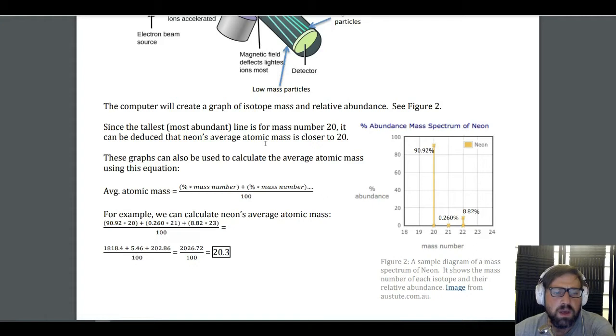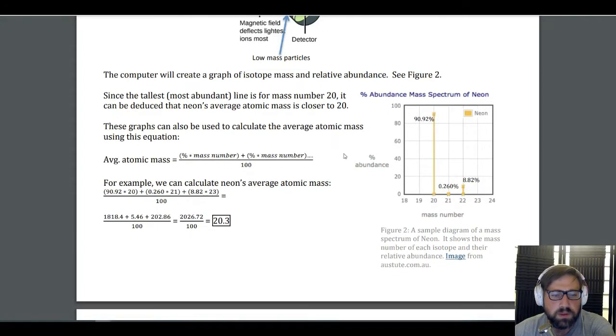Now, this goes through and talks about how to calculate average atomic mass. I don't know why they did this. They say to take the percent, multiply it by the mass, sum them together, and then divide by 100.